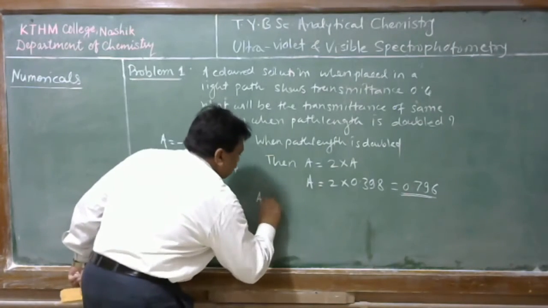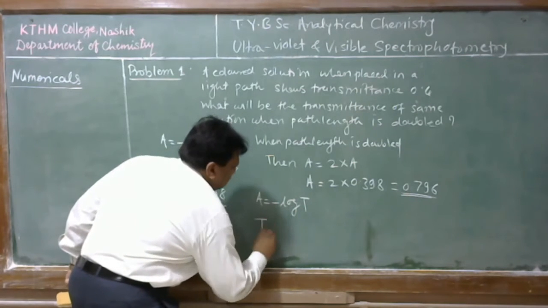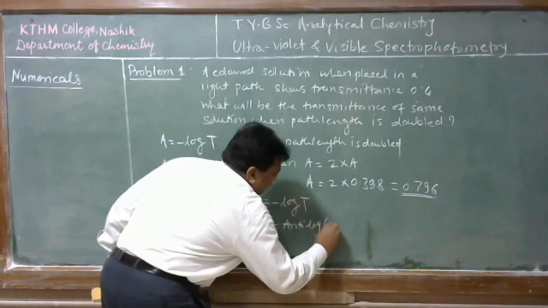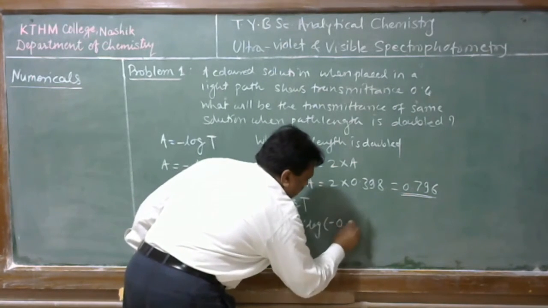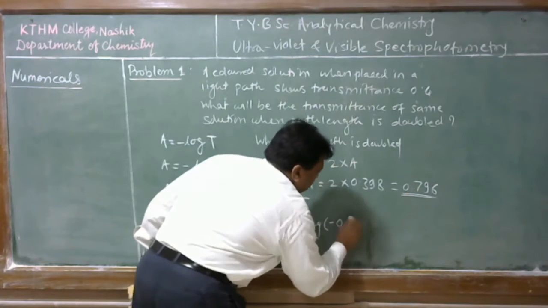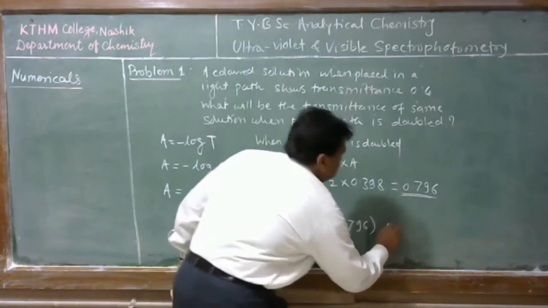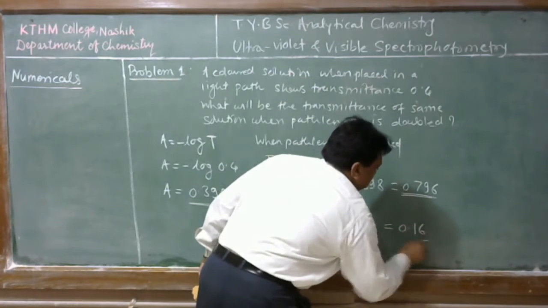Therefore, A is equal to minus log T, and therefore T is equal to antilog of minus A, that is antilog of minus 0.796, and finally this value is equal to 0.16.